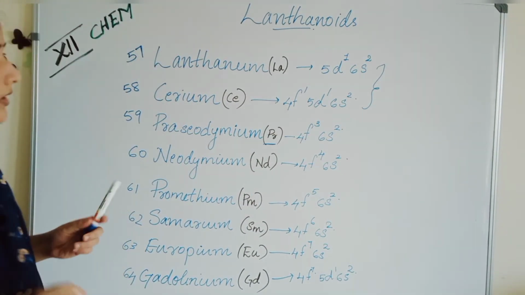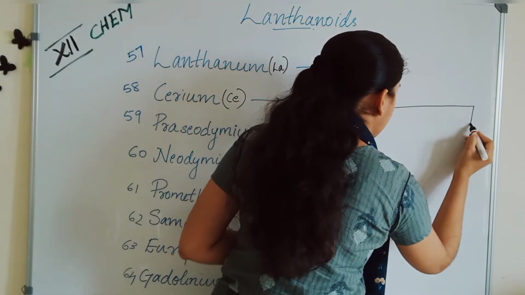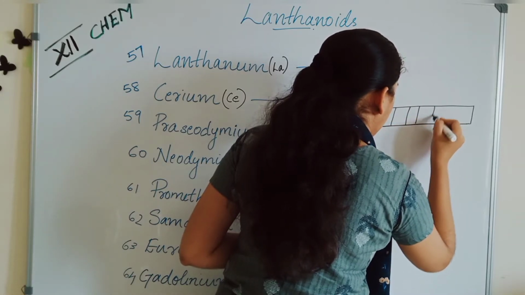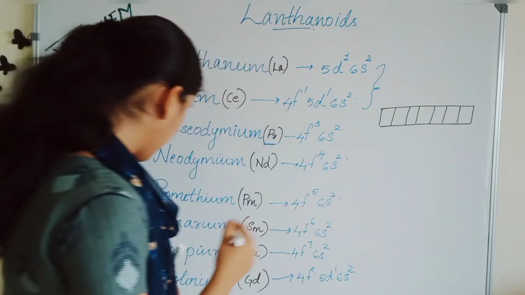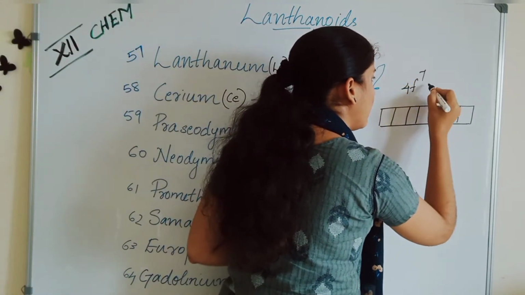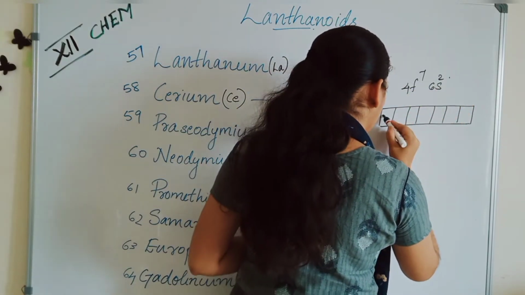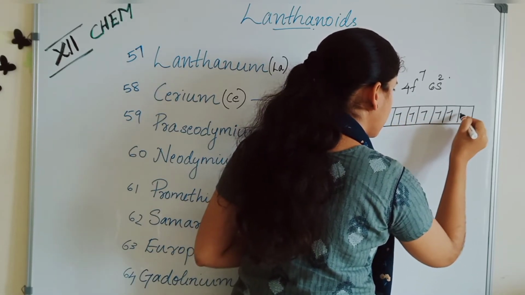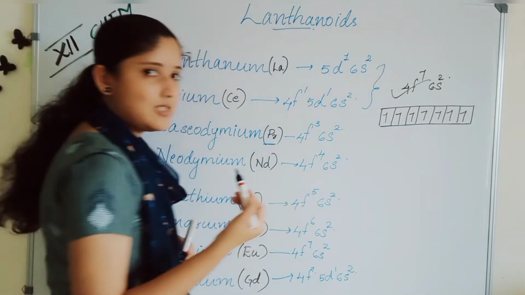We know that, look, this is the f orbital cell. There are 7 f orbitals: 1, 2, 3, 4, 5, 6, 7. For europium, 4f7, 6s2, it is half filled, and half filled is a stable configuration.